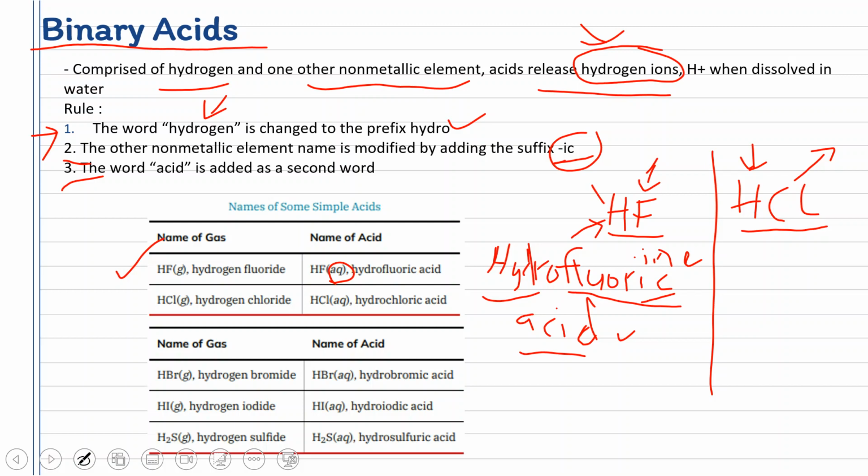Okay, so you see hydrofluoric acid. This becomes hydrochloric acid for here. So H changed to hydro, the same thing. I have hydro. Chlorine, INE becomes chloric. So chloric, hydrochloric.